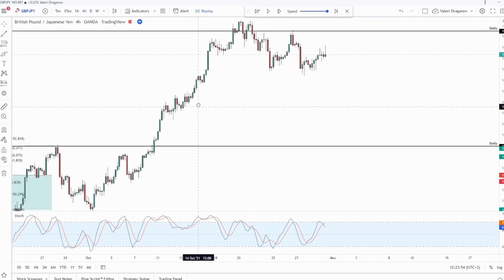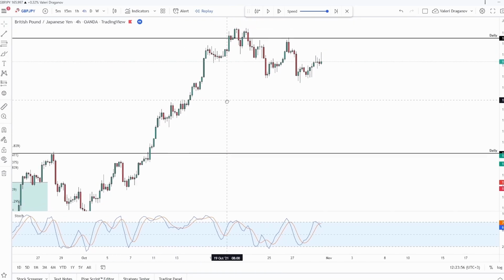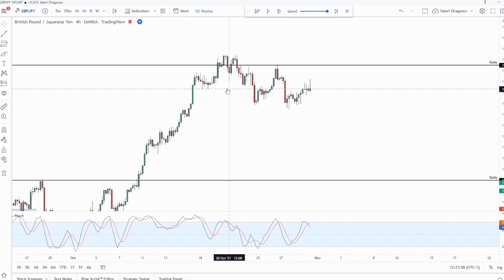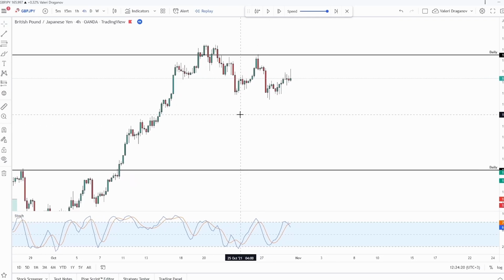Okay, first we have a huge upward movement. The price has reached a strong level of resistance, our daily level. Then, as you can see, a trend reversing figure has been formed, a double top. We are not going to focus on the double top, but when a trend reversing figure is formed, we are expecting a huge correction or a whole new downward movement.